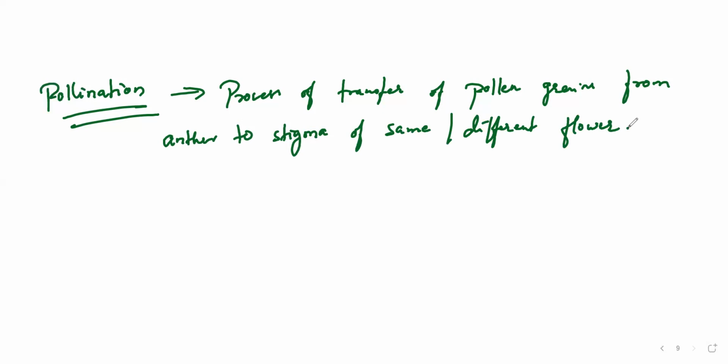Pollen grains are produced by the anther, so from the anther they should transfer to the stigma. That may happen either in the same plant, same flower, or in a different plant, different flower.